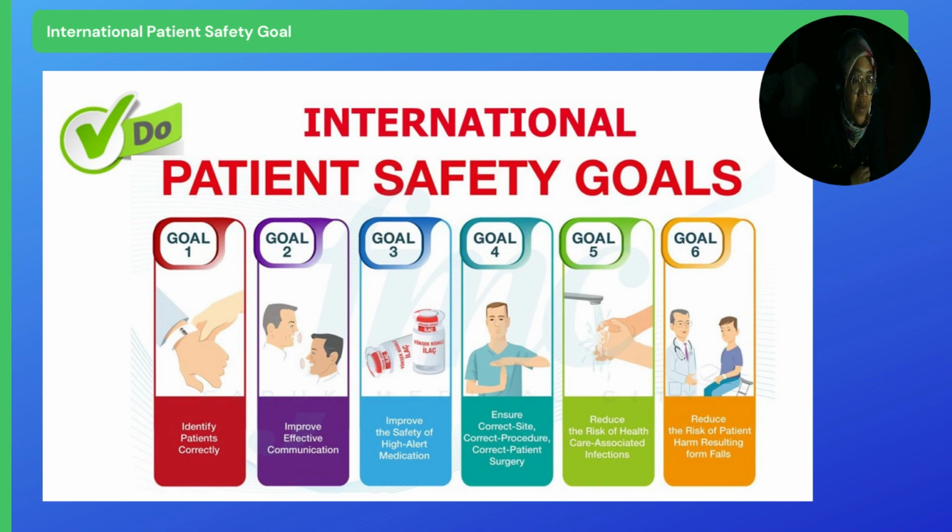Number four, ensure correct site, correct procedure, correct patient, performing the procedure, and reduce the risk of healthcare associated infections. And number six, reduce the risk of patient harm resulting from falls. So this is the standard internationally that we have to know, that is our goal to achieve.